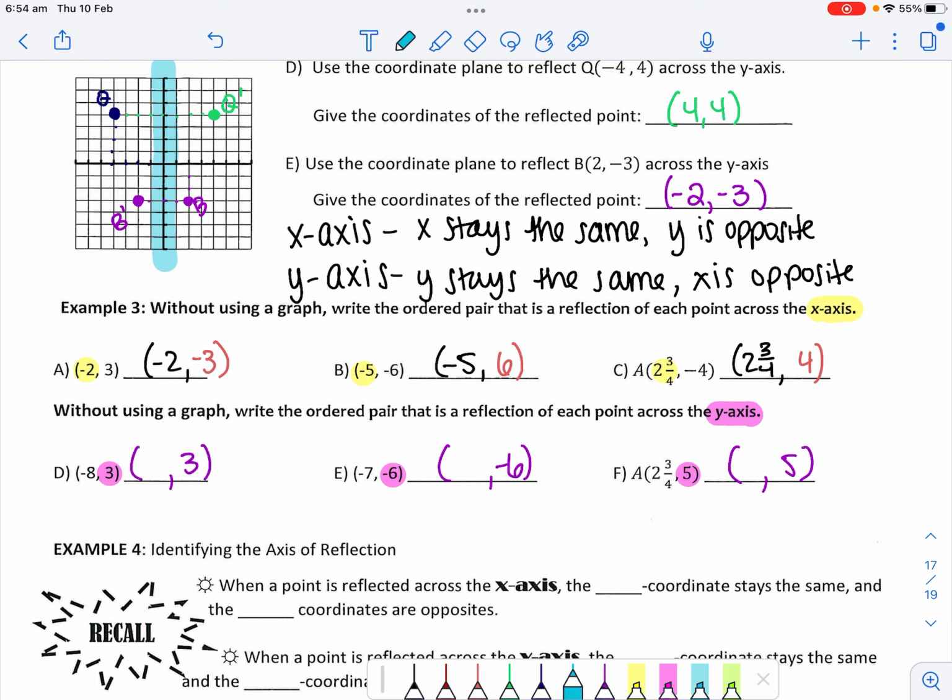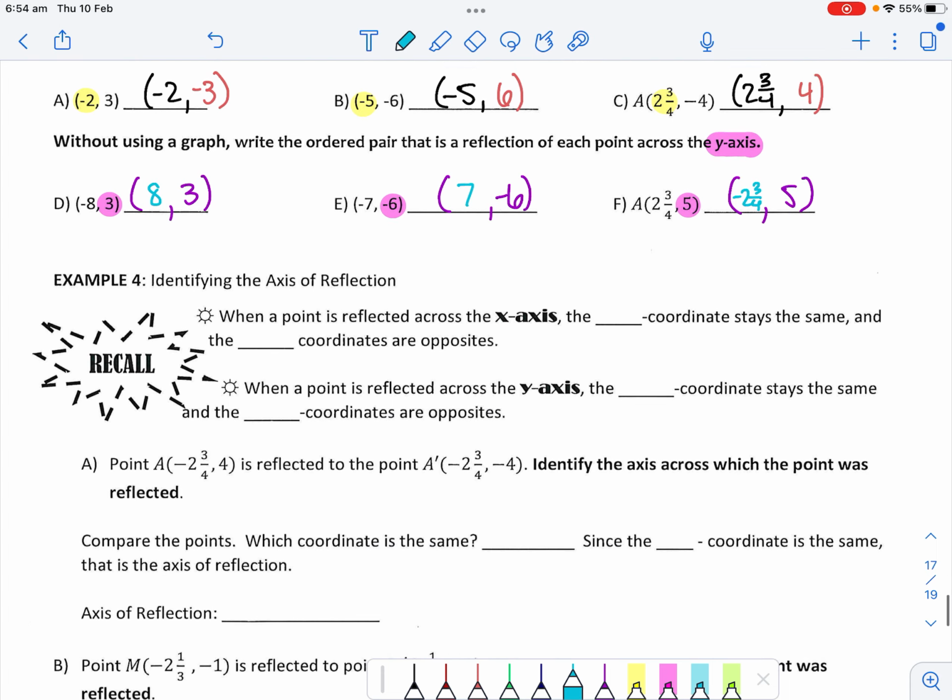So the opposite of negative 8 is positive 8. The opposite of negative 7 is positive 7. The opposite of 2 3/4 is negative 2 3/4. Okay. So the important thing here, without a graph, is to identify which axis you are flipping over and then which coordinate stays the same as a result of that.